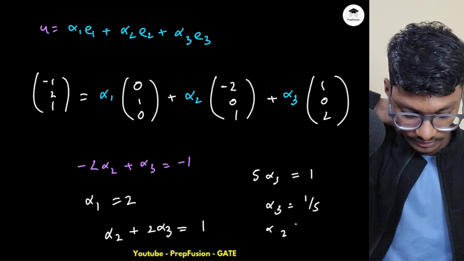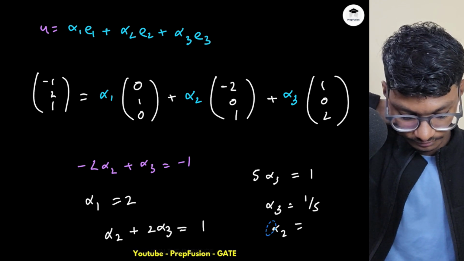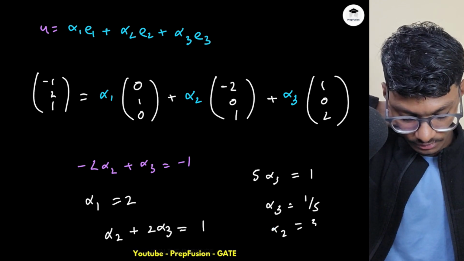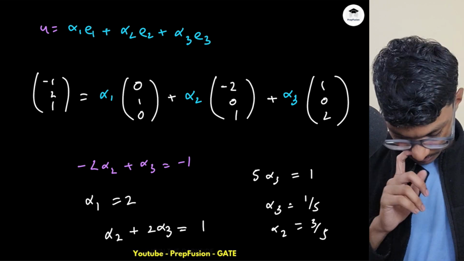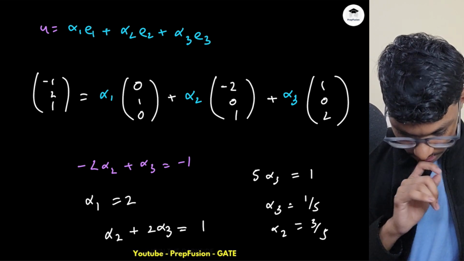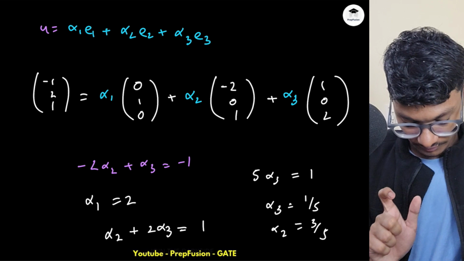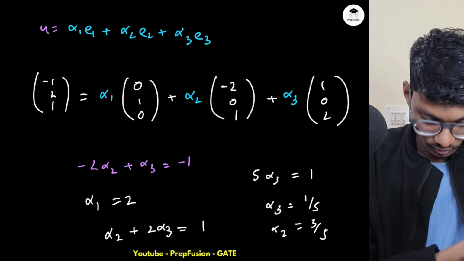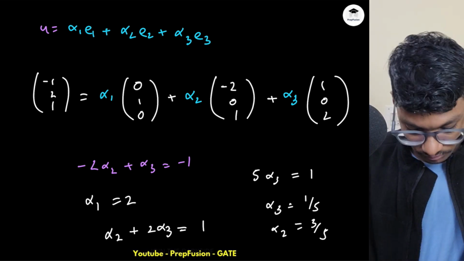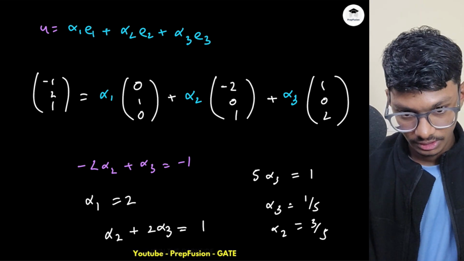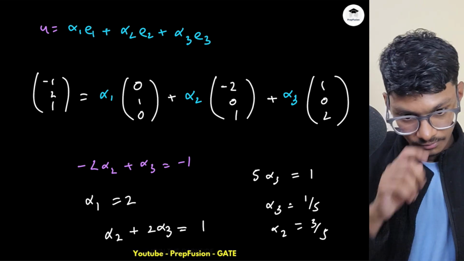This is 3 by 5, so alpha 2 equals 3 by 5. Am I doing this correctly? Alpha 3 is 1 by 5, so 2 times this goes over there, 2 by 5 minus, yeah, it will be 3 by 5 itself, right? Alpha 2 will be 3 by 5.